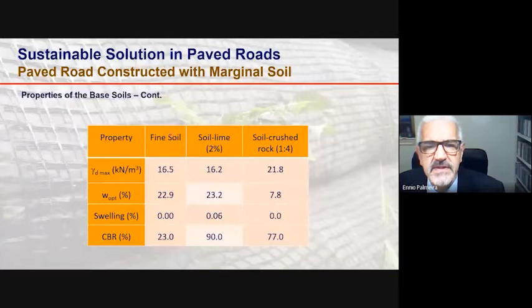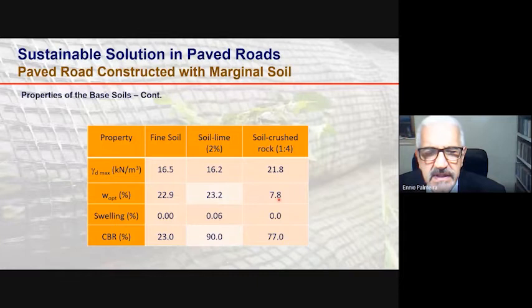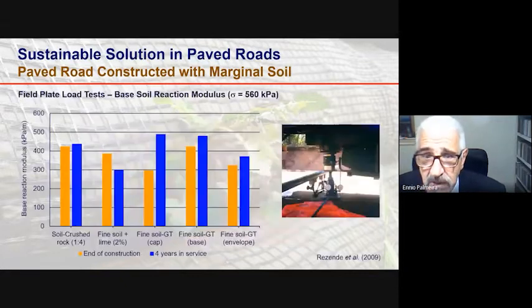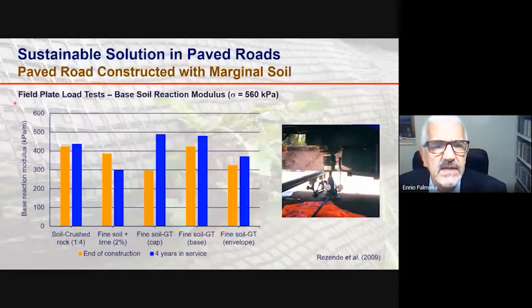Continuing the properties of the base soils, the values of maximum dry density of the materials, the optimum moisture contents for each base material, swelling index, and CBR, California Bearing Ratio, for the fine soil, for the soil lime mixture, and for the soil crushed rock mixture, showing much higher values than that of the fine soil.